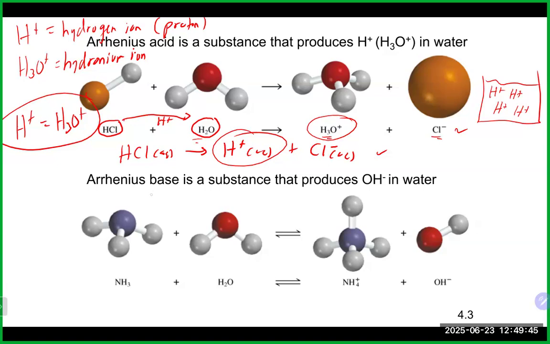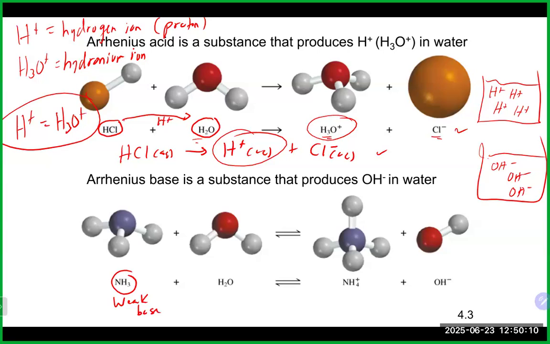Now, a base is a substance that can produce hydroxide, and much like an acid, what we're talking about here is the ability to produce free OH minus ions in solution, which is hydroxide, a polyatomic ion. And here, this is actually a weak base. Ammonia is a weak base, NH3.